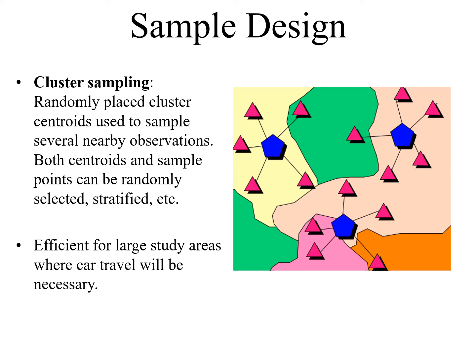Both the centroids and the sample points can be randomly selected, stratified, etc. You can use all the other approaches we've talked about, but we're going to start with randomly placed cluster centroids. Well, why would you do that? Because it's very efficient for large study areas where car travel will be necessary.